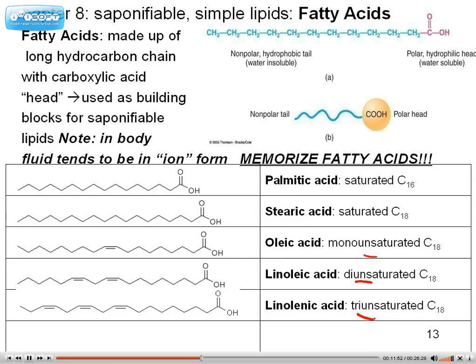If you think of the carboxylic head as a beginning, that could be considered the alpha. If you consider this very last carbon the N, that could be considered the omega.